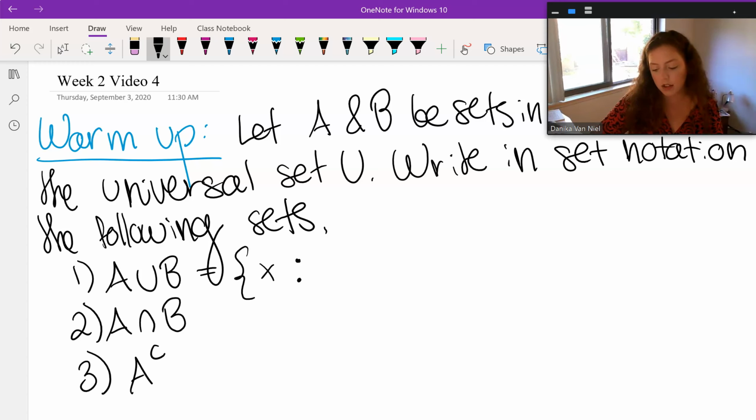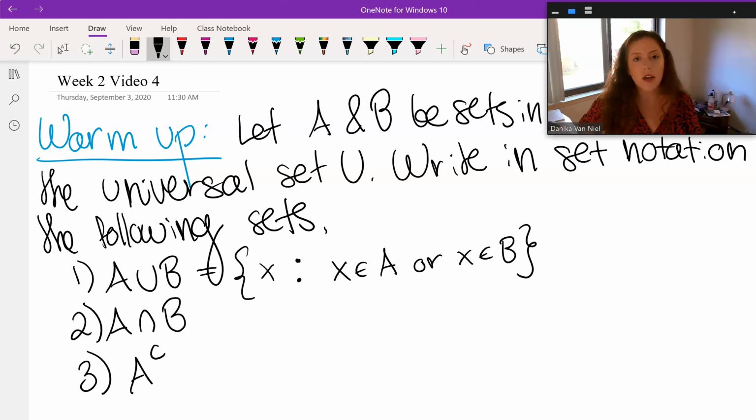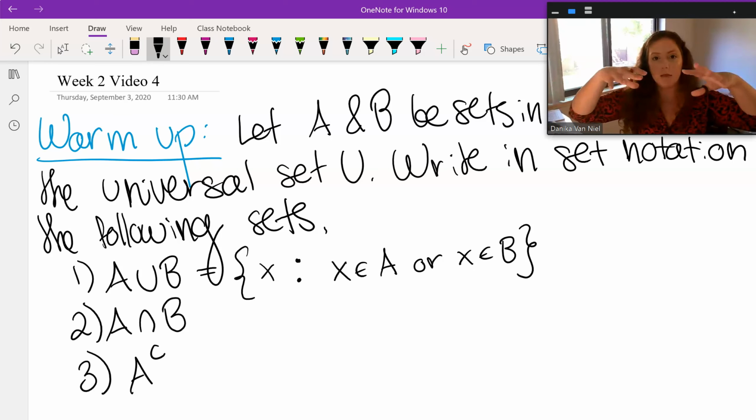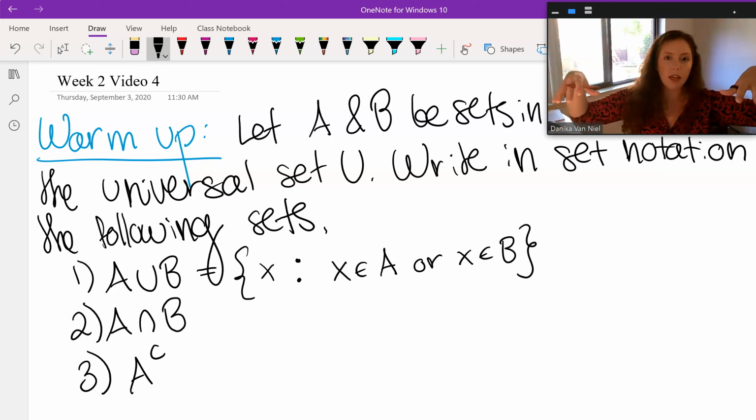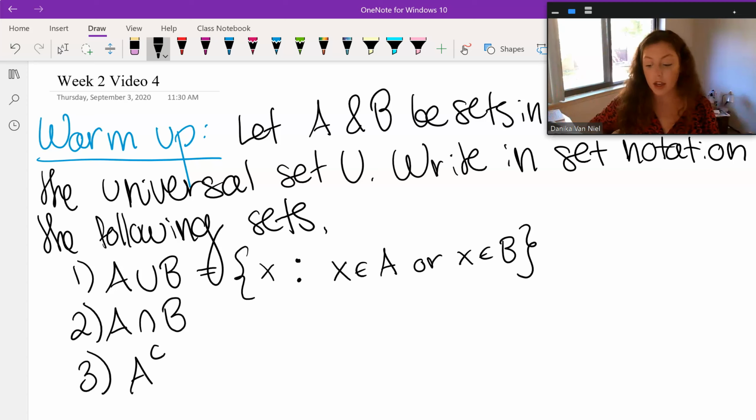So X such that X is in A or X is in B, right? Because if you're in the bowl that you got dumped into, you were either in A or B, but you could have been in both. So it really should read X in A and/or X in B, but sometimes we leave that open to, well, it could just be both.